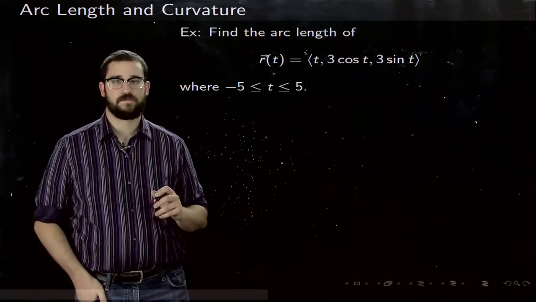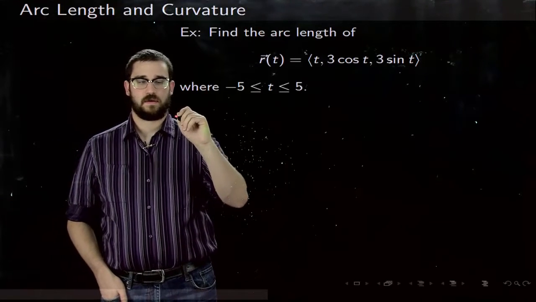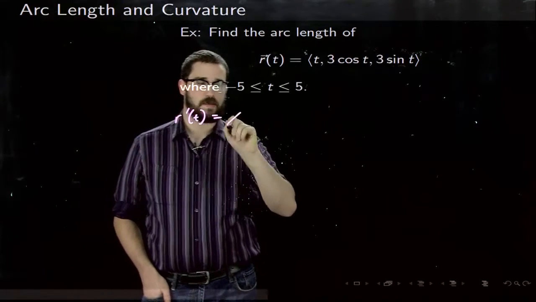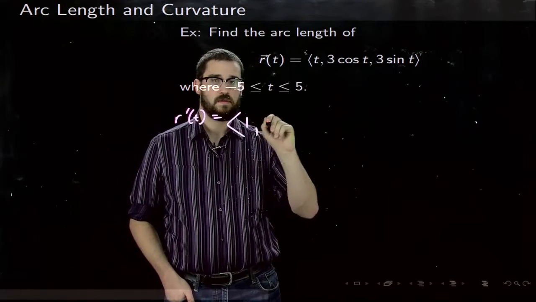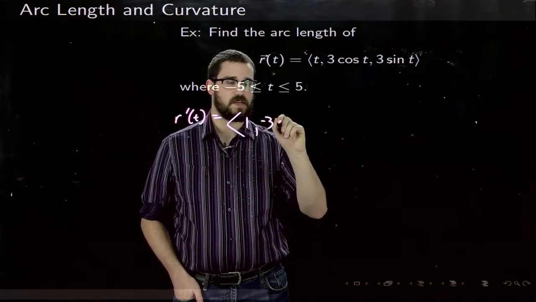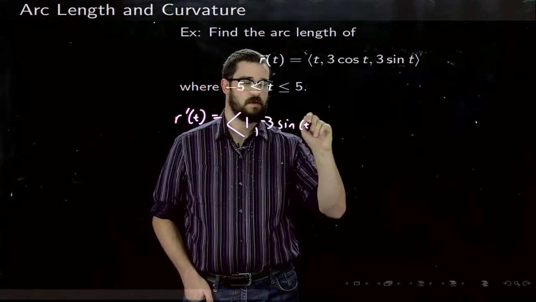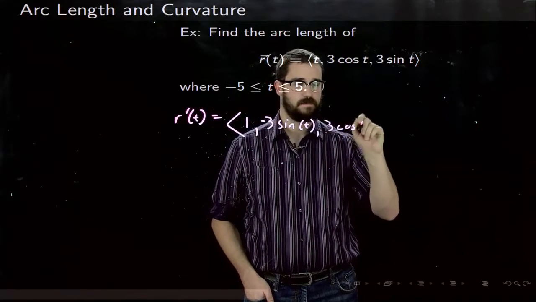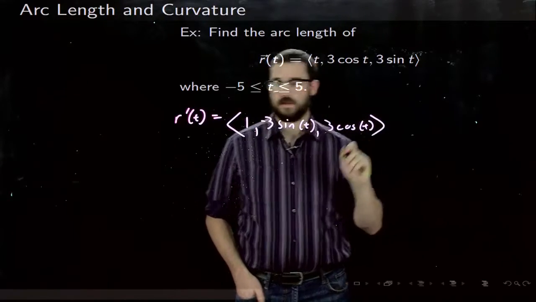So let's do this. We need to find r prime of t, which is simply 1, -3 sine of t, and 3 cosine of t. All right.